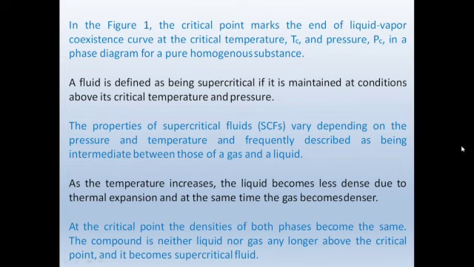A fluid is defined as being supercritical if it is maintained at conditions above its critical temperature and pressure. The properties of supercritical fluids vary depending on the pressure and temperature and are frequently described as being intermediate between those of a gas and a liquid.